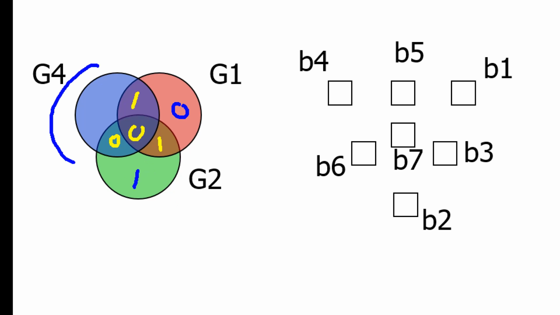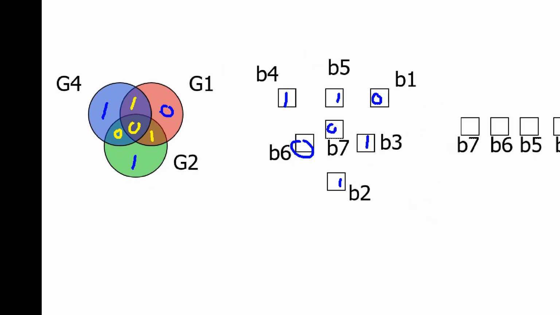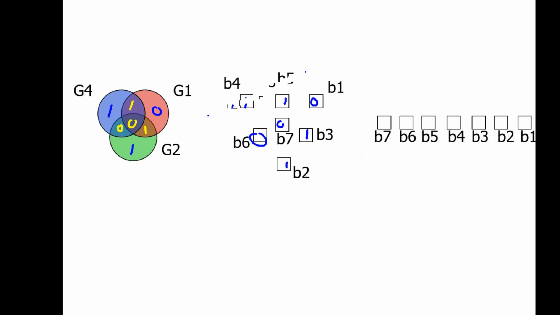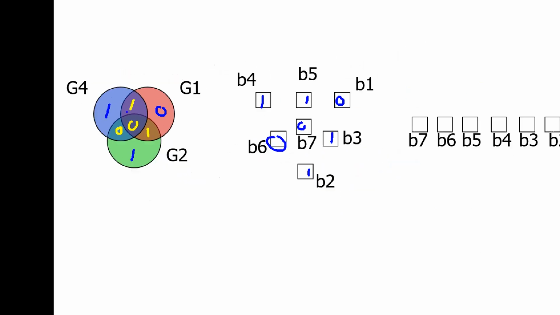For G4 also, to make an even number of 1s, it should be 1 here. So now the value is 1, 1, 0, 0, 0, 1, 1. When you send the data, it's maybe something like this. B1 is 0. What happened?